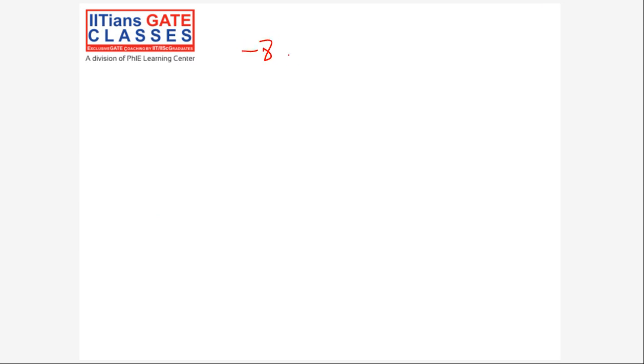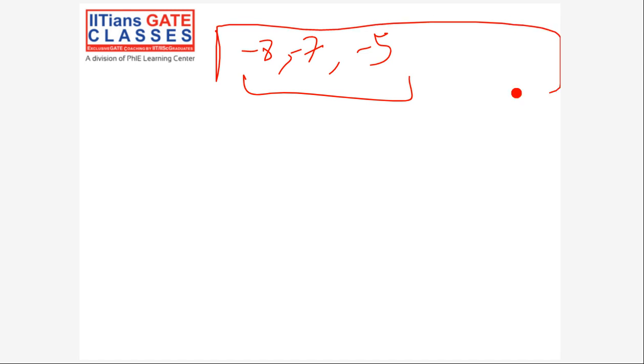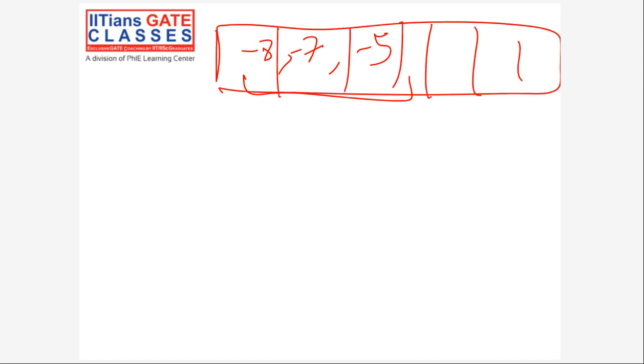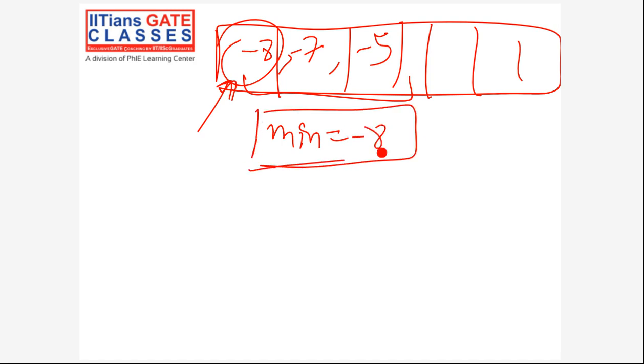So you have taken -7, -8, -7 and -5. So guys, see, what we can do is, I know the elements in the array, so I can try and find the minimum element. Let's say the minimum is -8. So what I'll do is add 8 to every element of the array.